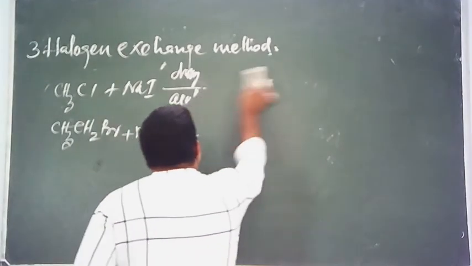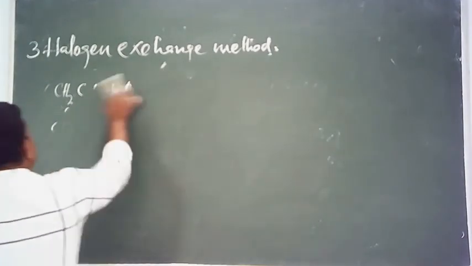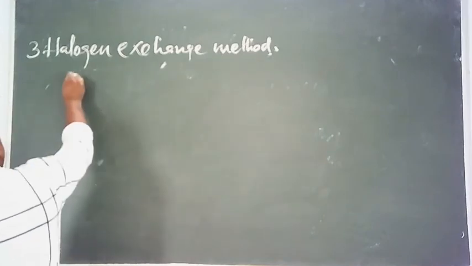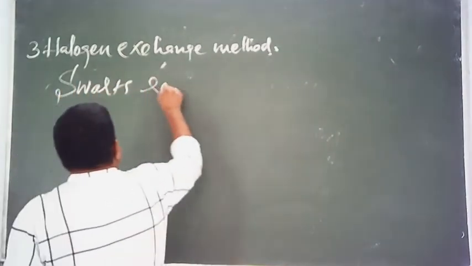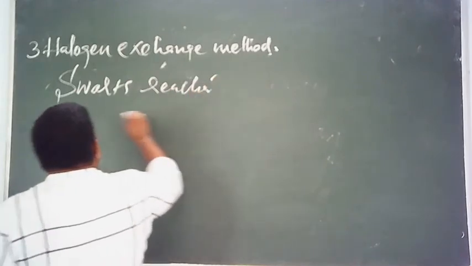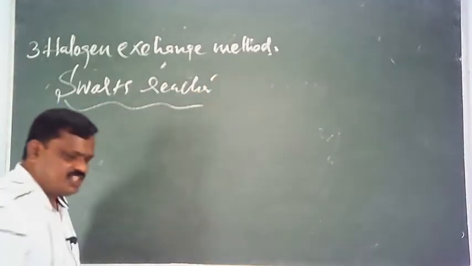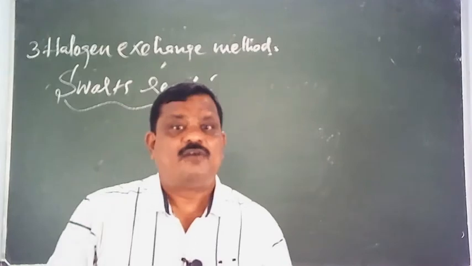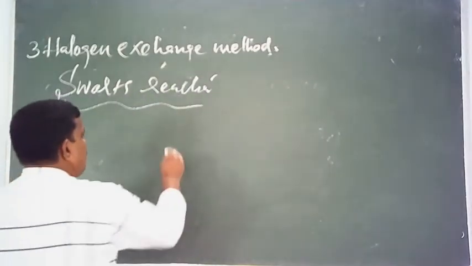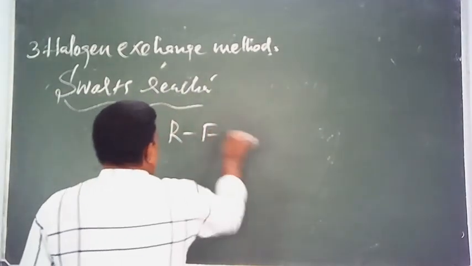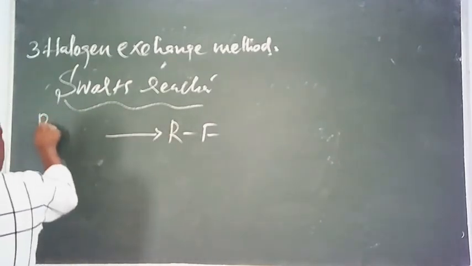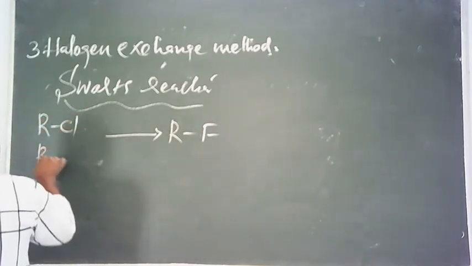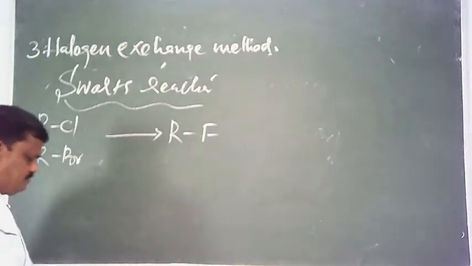Now let me go through one more named reaction, that means Swarts reaction. Actually, this reaction is used to prepare alkyl fluorides, RF, again from alkyl chloride or even alkyl bromide.